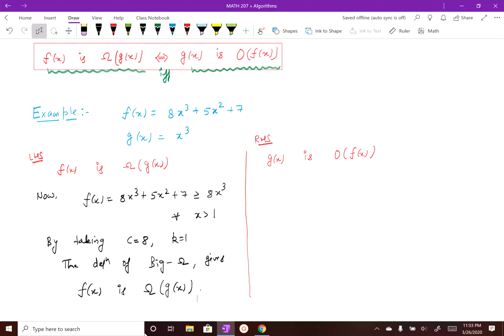While to show that g of x is big O of f of x, we have f of x is equal to 8x cubed plus 5x squared plus 7, which we can easily show is less than or equal to 8 plus 5 plus 7, which is 20x cubed, for every value of x greater than 1.